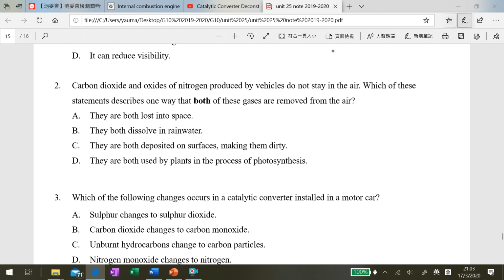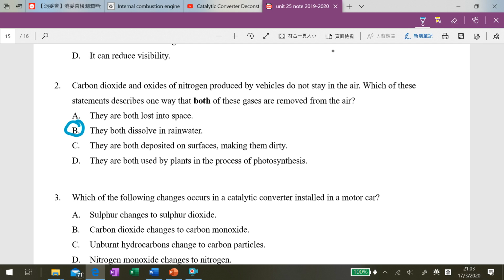The answer, I think, is quite obvious. It's B, because they can dissolve in the rainwater. Carbon dioxide, when it dissolves in water, will become carbonic acid. And nitrogen oxide, as you remember, will become nitrous acid and nitric acid.